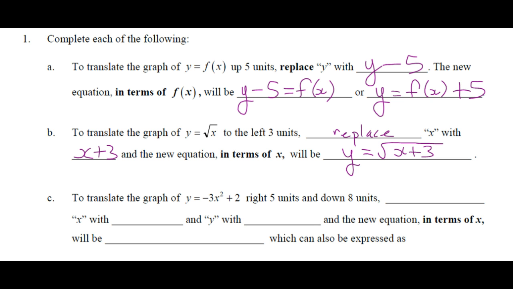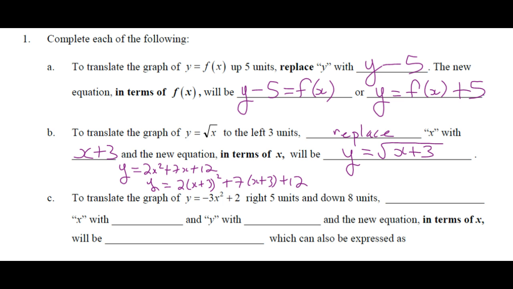So for example, if we had y equals 2x squared plus 7x plus 12, and I wanted to do this idea of moving left 3 units, then I would have to replace the x's with x plus 3's. Okay?